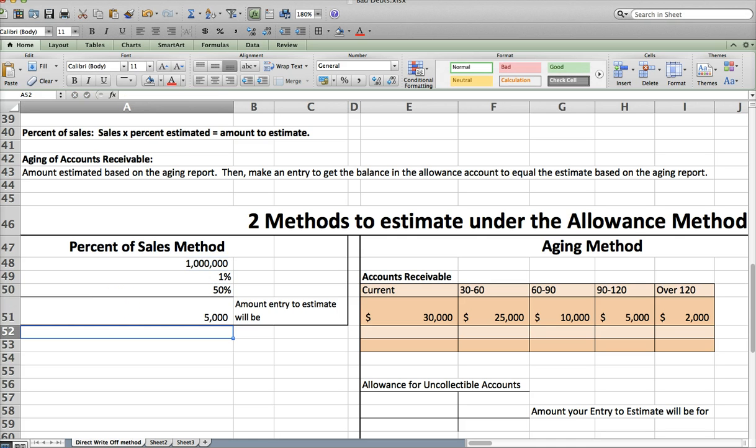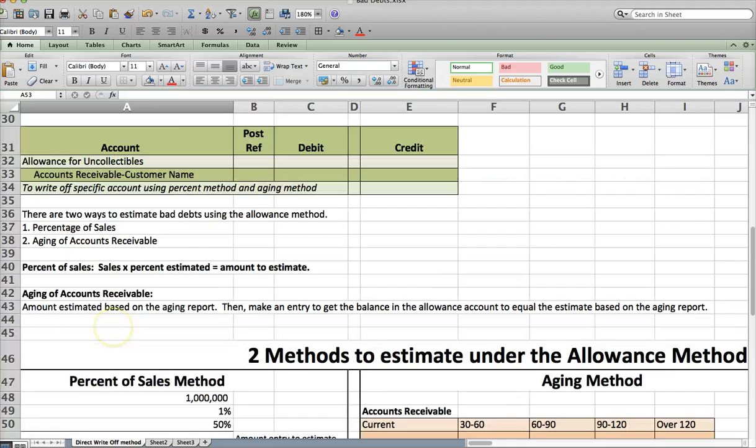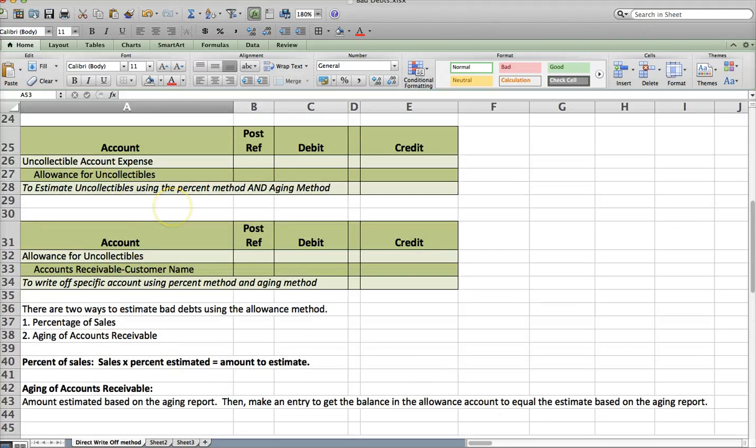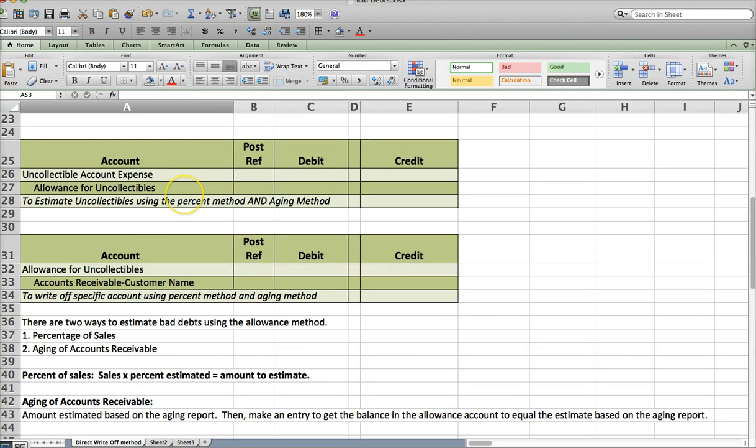So we think that $5,000 will not be collectible. All right, so then we would come up here, and right here in this section where we are going to estimate at the beginning of the period, we would have a debit of $5,000 and a credit of $5,000.